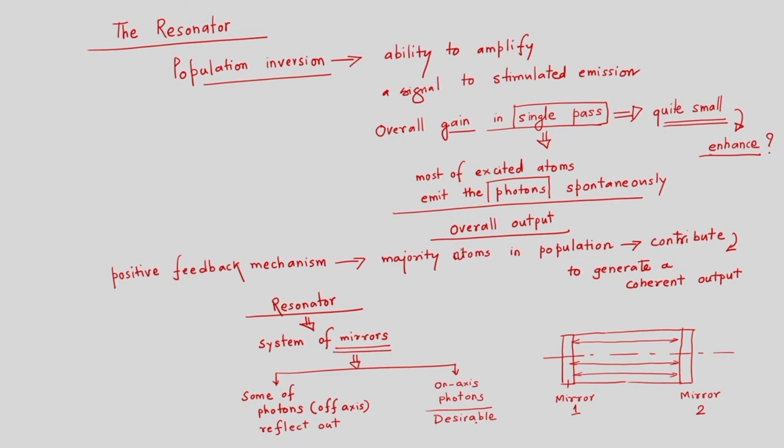But how will we do this operation? To carry out this operation, we need a certain medium, and that medium is called the lasing medium. This would be done with the help of a certain material, called the lasing material or lasing medium.